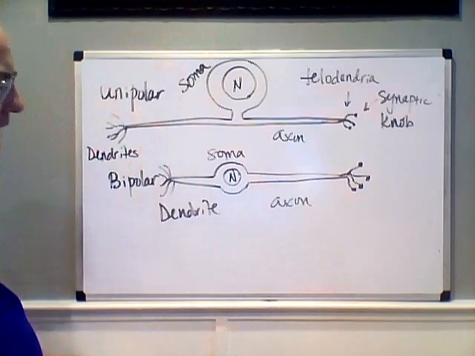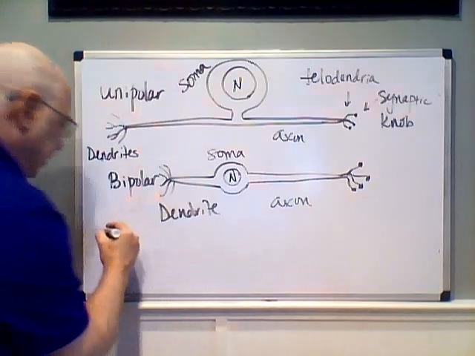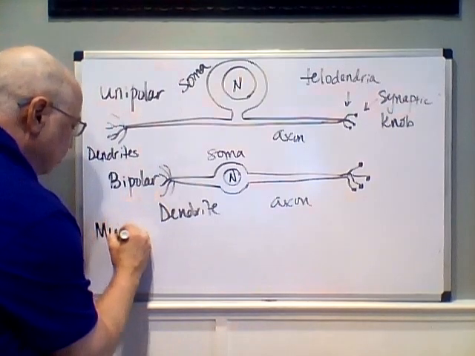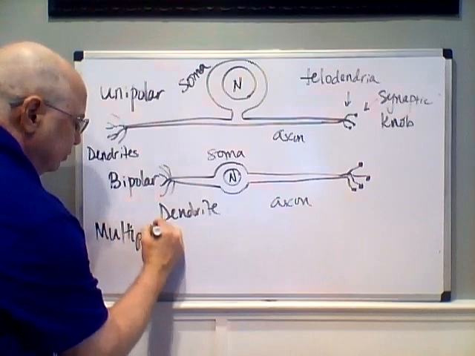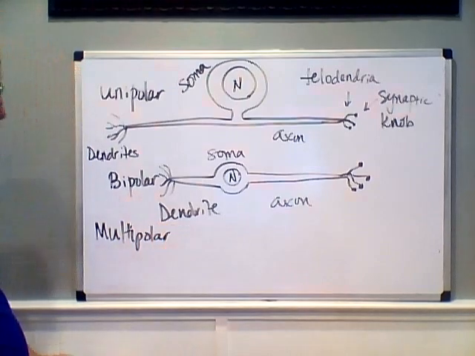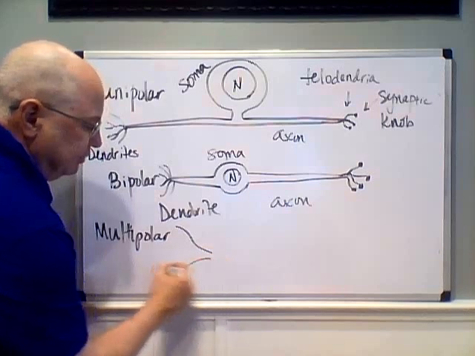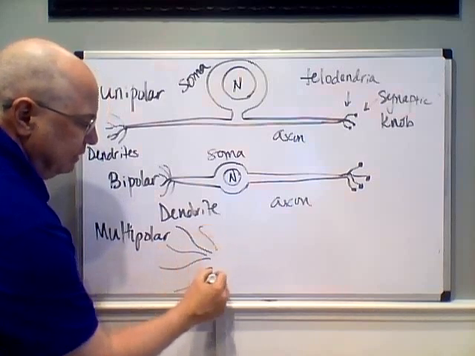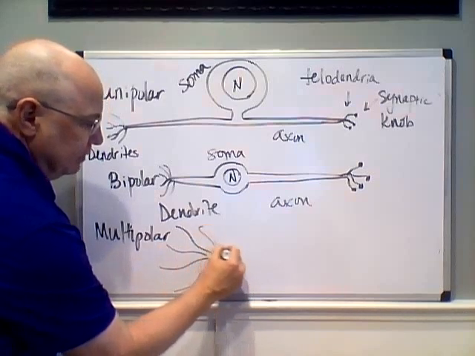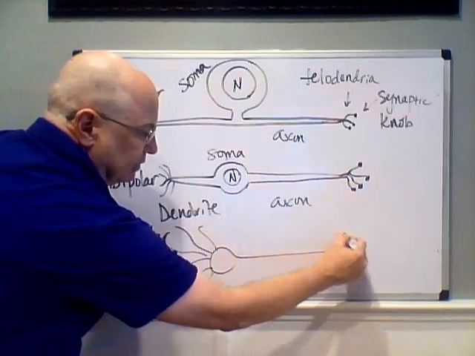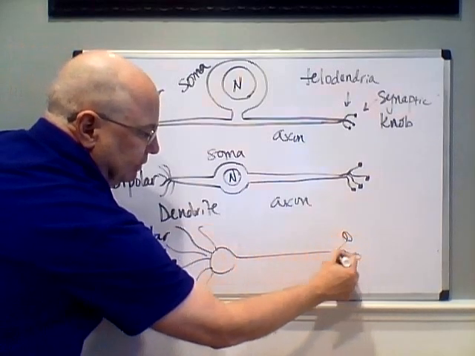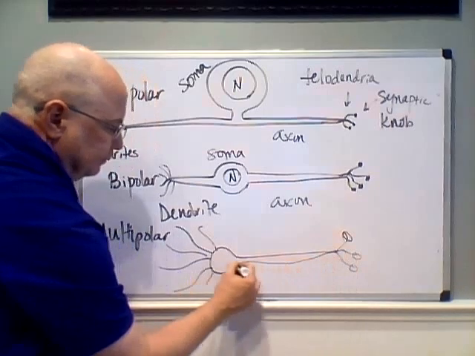So now, the last type of neuron I'm going to talk about is called a multipolar neuron. When we look at a multipolar neuron, they have multiple poles or multiple branches. Really, what they have is lots of dendrites, many dendrites coming off their soma, and then a single axon coming off that's going to split into a bunch of telodendria and synaptic knobs.